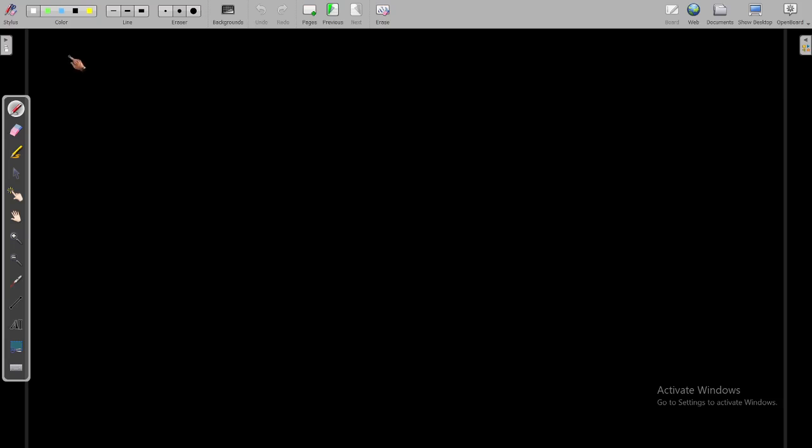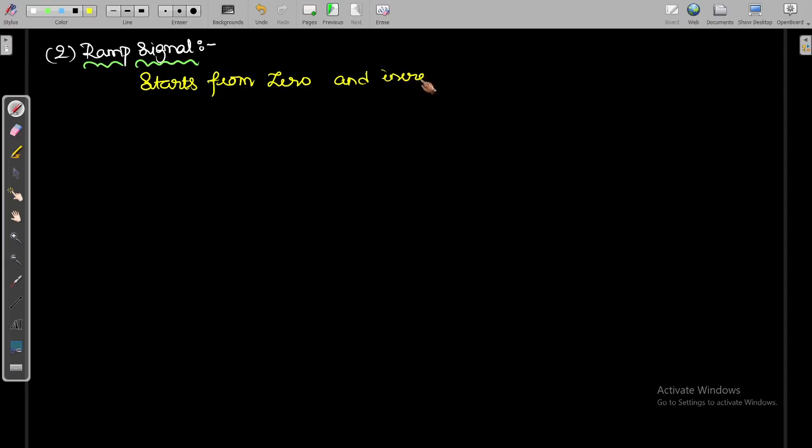Next, another very important signal is the ramp signal. Let us see how the ramp signal varies. If you take a ramp signal, it starts from 0 as the value and increases linearly with time, linearly with respect to time.